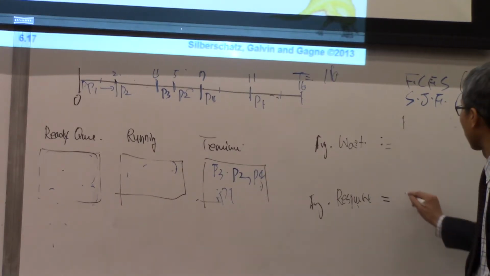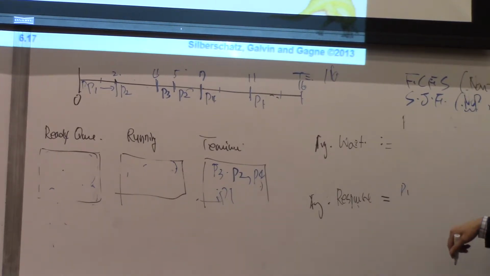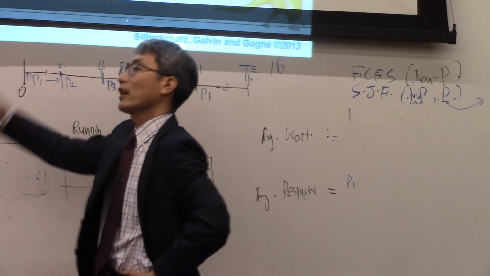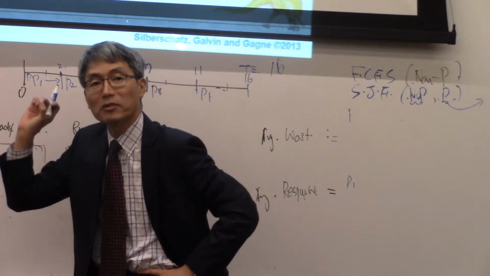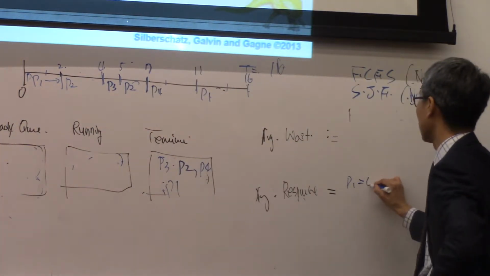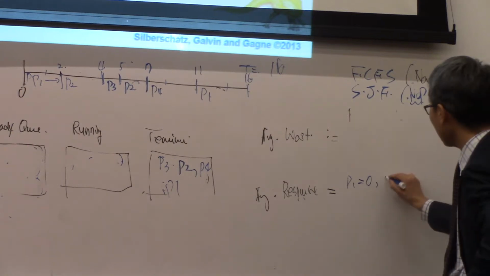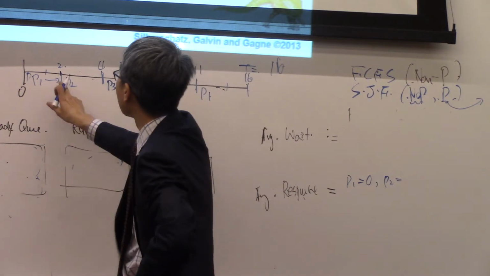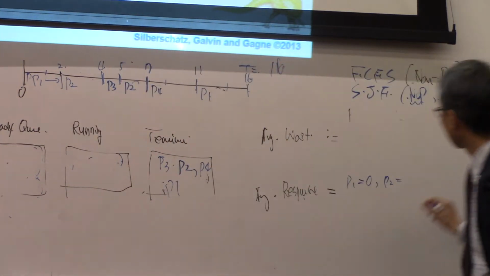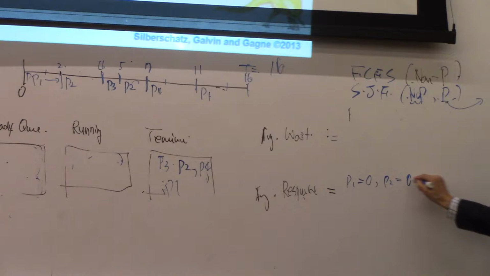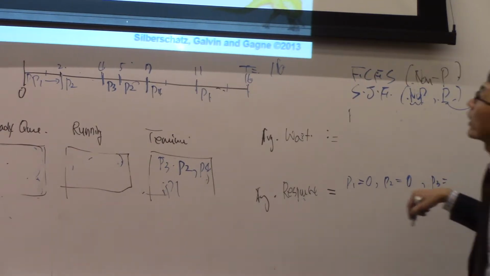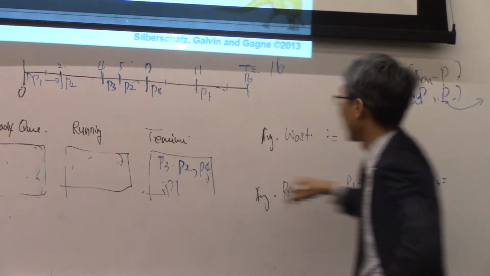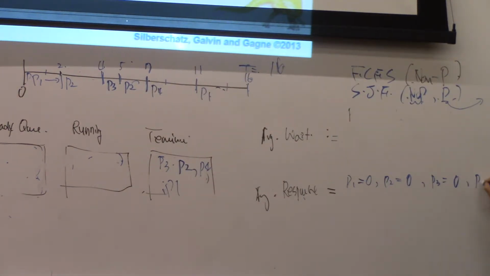P1 arrives at time 0 and is selected at 0, so its response time is 0. P2 arrives at time 2 and is selected at time 2, so 2 minus 2 is 0. P3 arrives at 4 and is selected at 4, so 0.